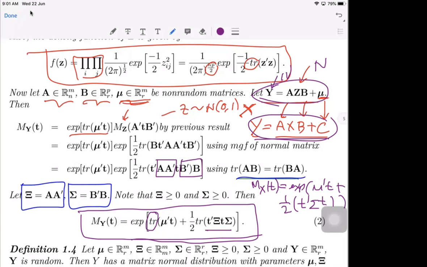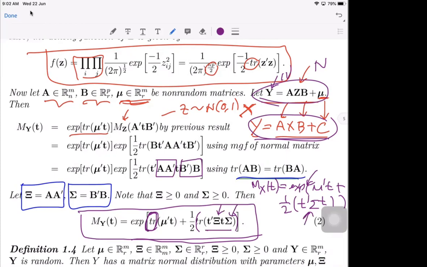In the multivariate case, you will have the trace of mu prime t. So we also have a trace here, plus 1/2 times the trace of t, but this time we will have psi here and sigma instead of just sigma.